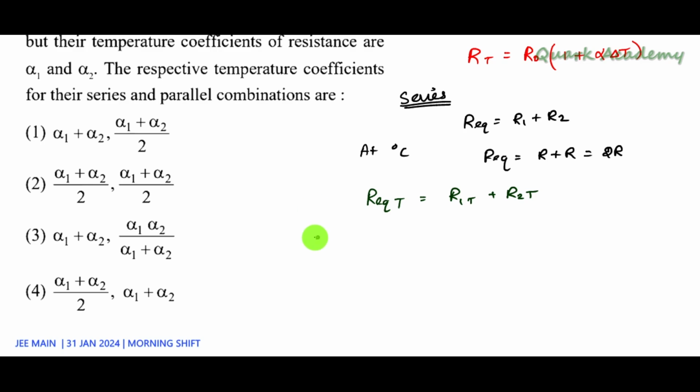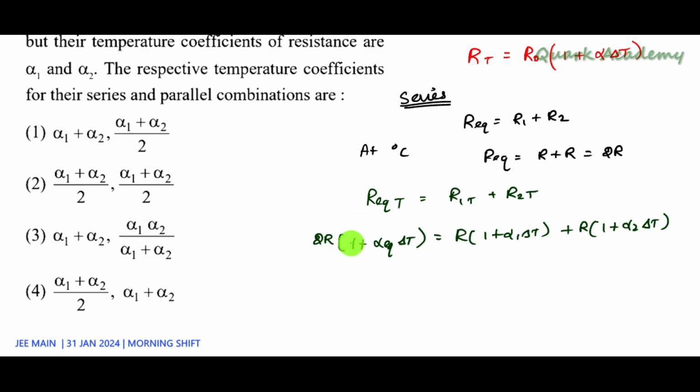This will be 2R, because at 0 degrees Celsius the equivalent resistance is 2R. So 2R into 1 plus alpha equivalent into delta T equals R into 1 plus alpha 1 delta T plus R into 1 plus alpha 2 delta T.